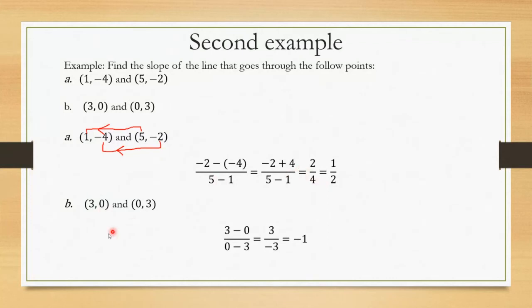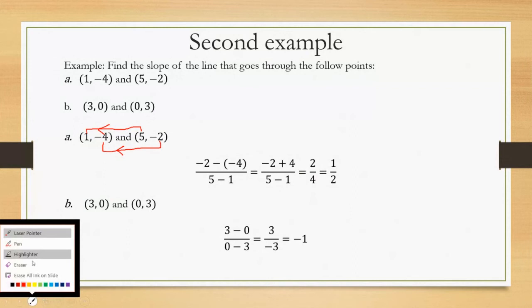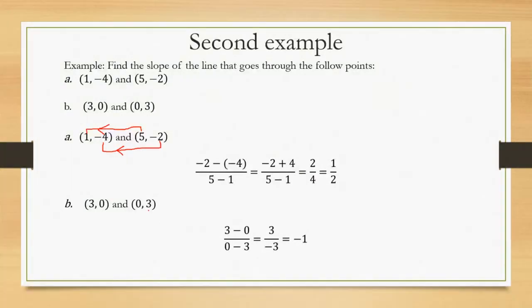Okay, let's do the next one. It's the same idea. We have change in y, so we can go from the second point to the first point, 3 minus 0, divided by 0 minus 3.